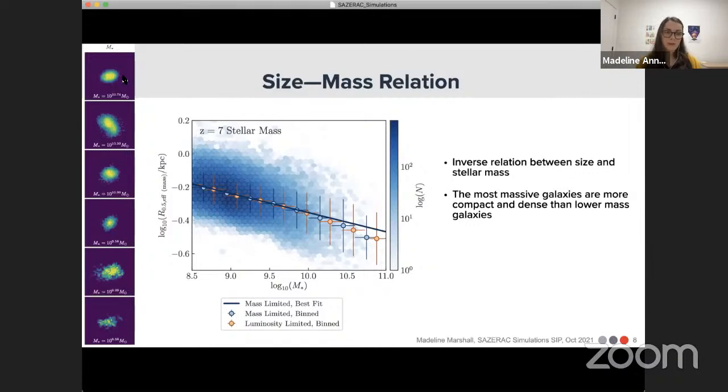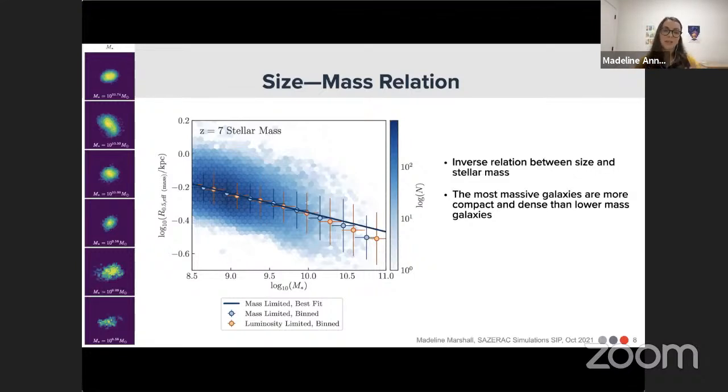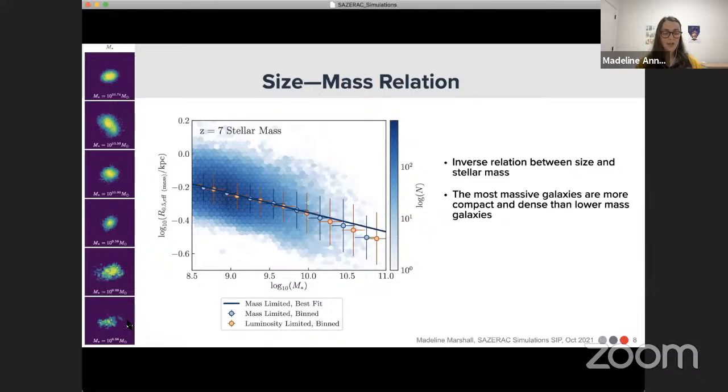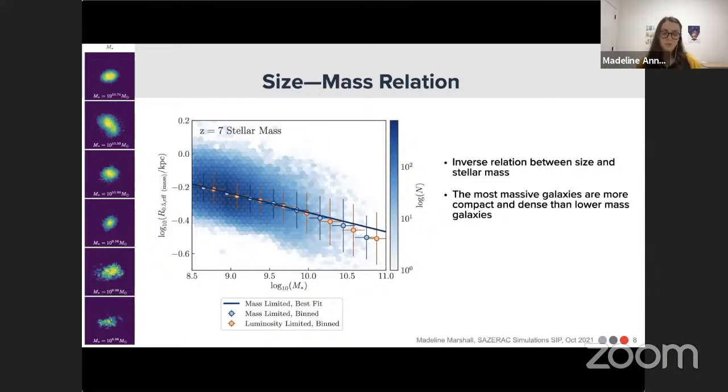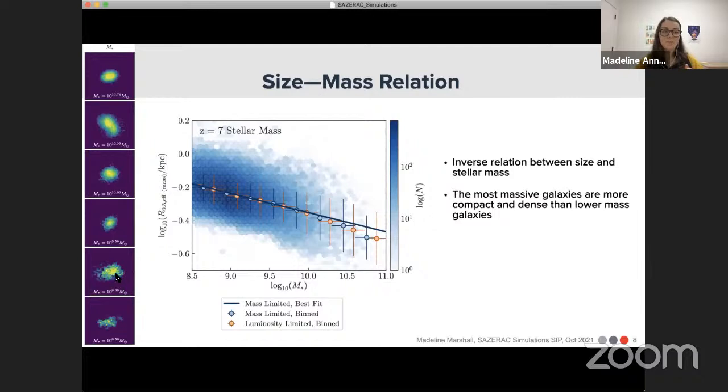You can see that these most massive galaxies have quite compact, smooth distributions. The galaxies are quite settled, whereas these lower mass galaxies have quite flat stellar distributions and are certainly spread out a bit more. So you can see that the size you would measure for this object is larger than this one, hence this inverse relationship.